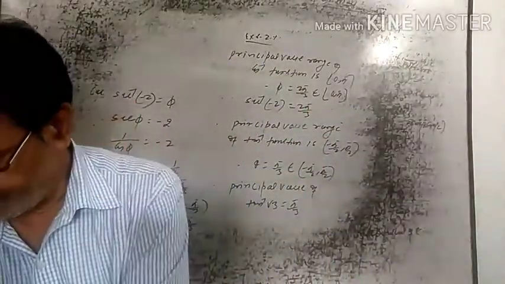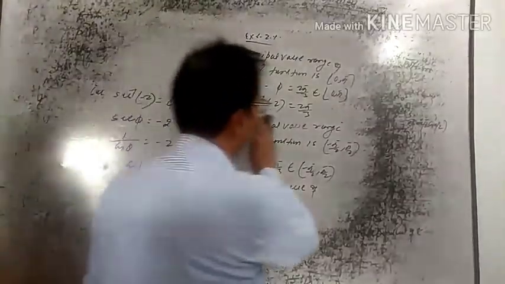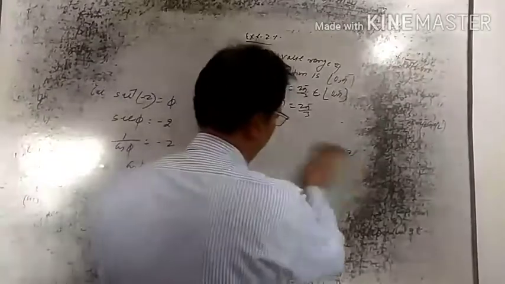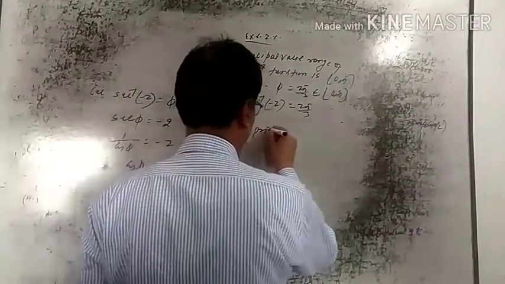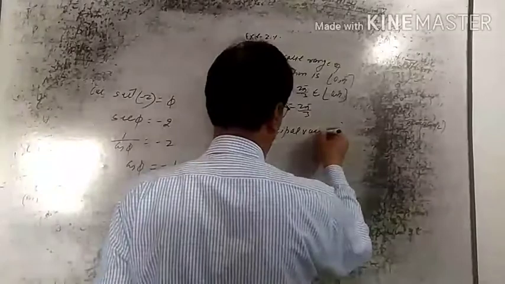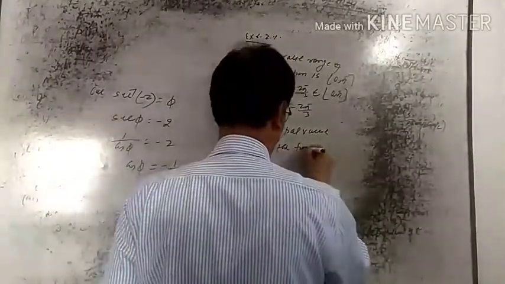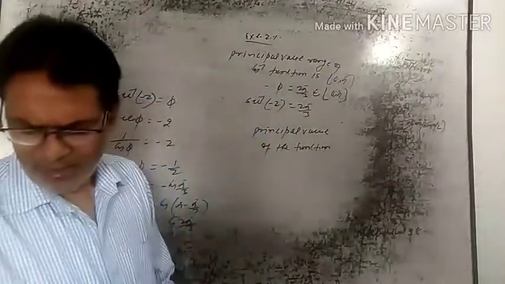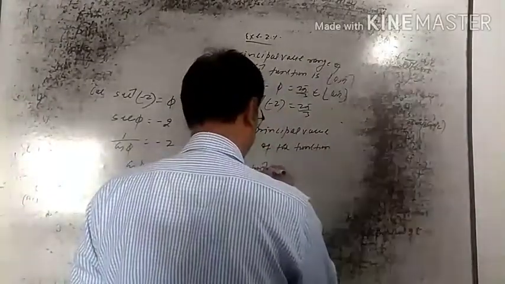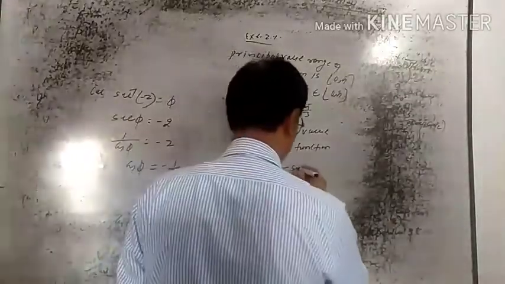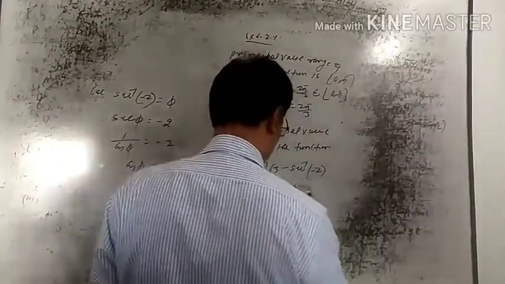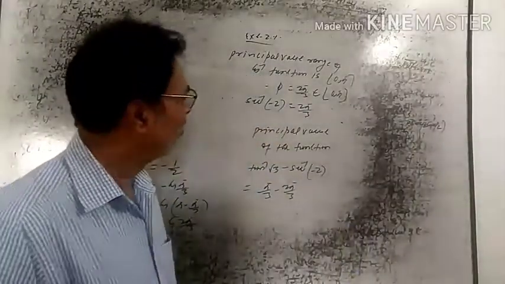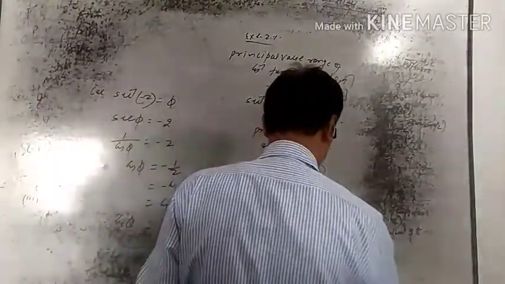So the principal value of the function tan inverse root 3 minus sec inverse minus 2 is equal to pi by 3 minus 2 pi by 3, which is equal to minus pi by 3.